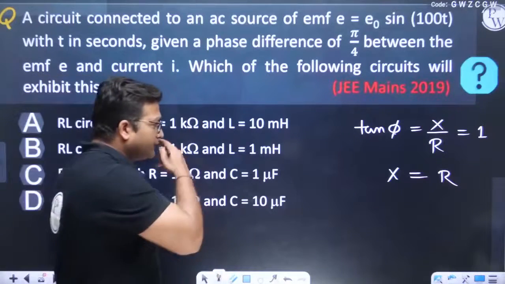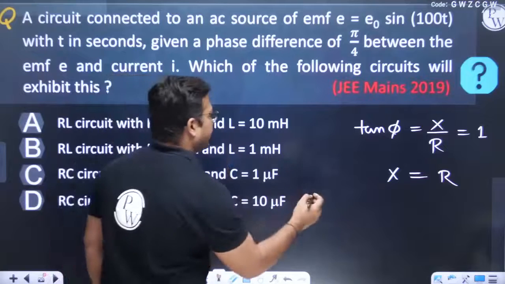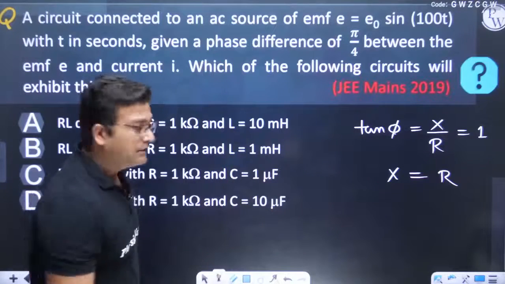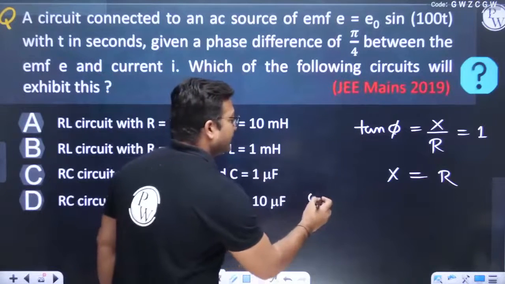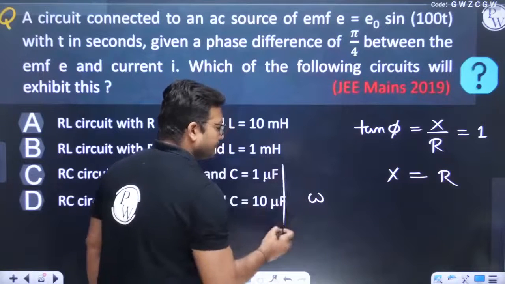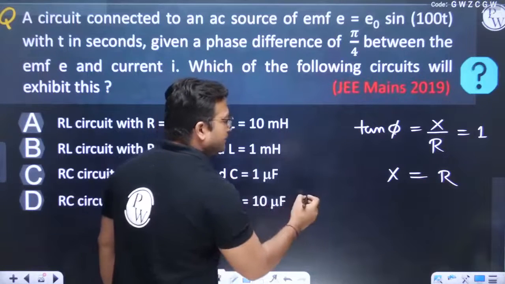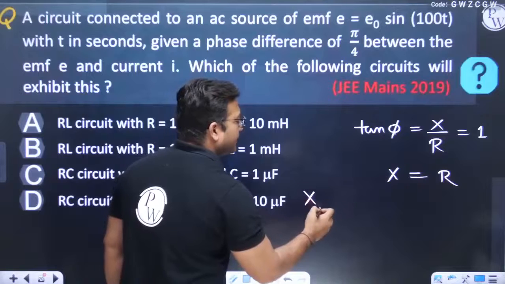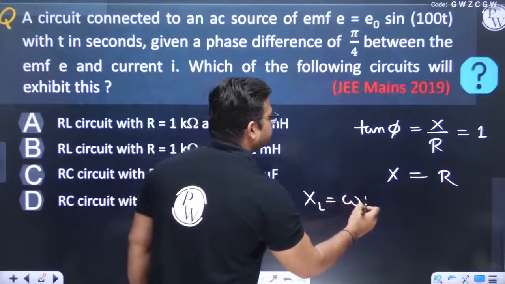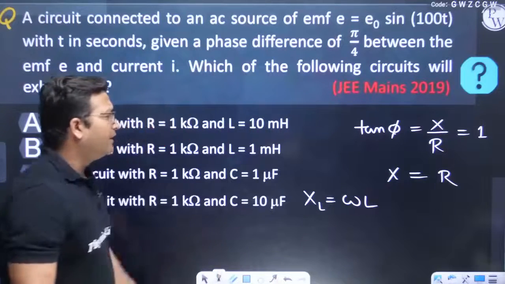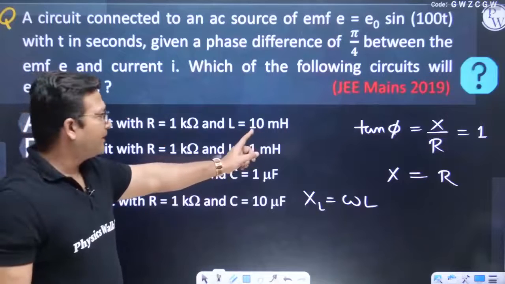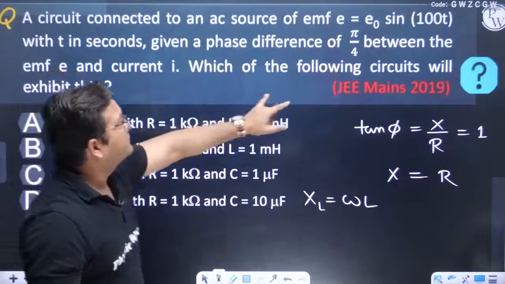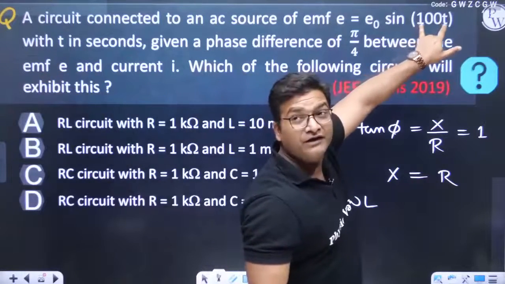So for the first option, the first one is an inductor, and as you remember, the reactance for an inductive circuit is XL equals omega L. So you multiply omega with L. Omega is 100, because the coefficient of t here is omega.